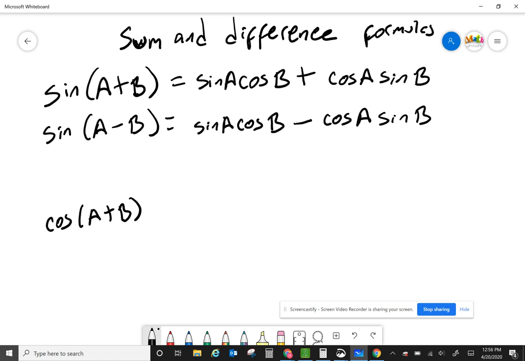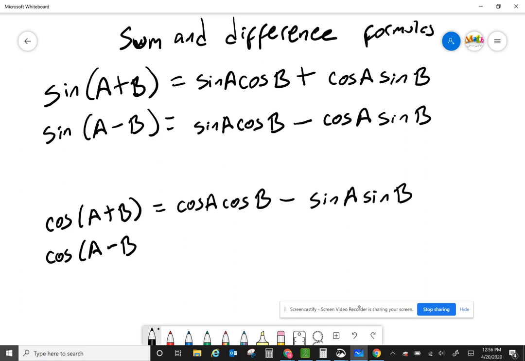So if I'm adding, cosine of A plus B is cosine of A times cosine of B minus sine of A sine of B. If I'm subtracting, I have cosine of A minus B equals cosine of A times cosine of B plus sine of A sine of B. Hoping this makes sense.